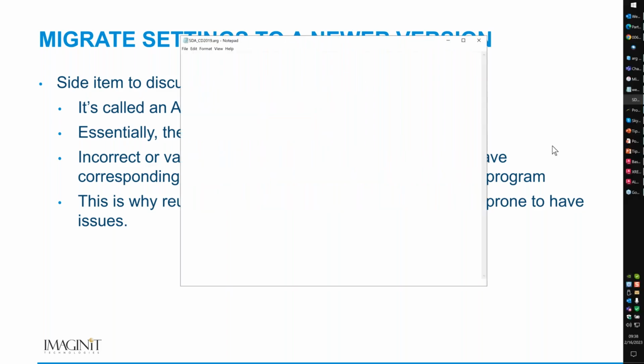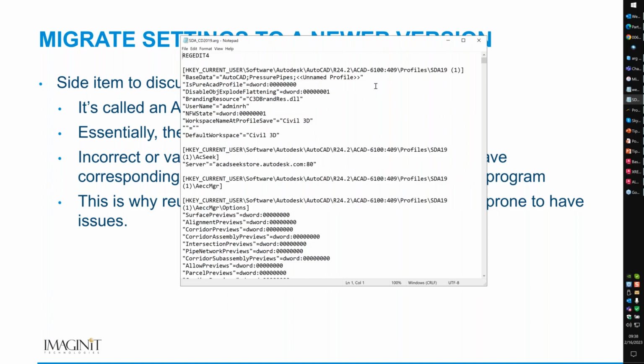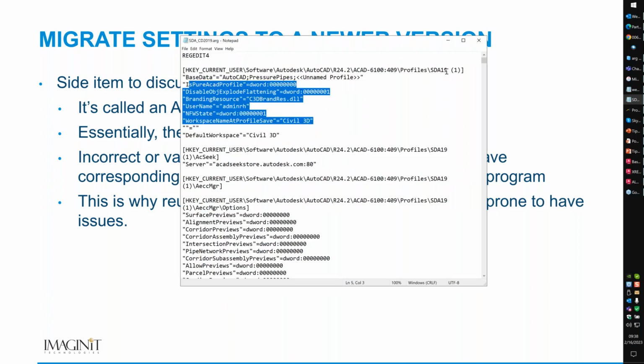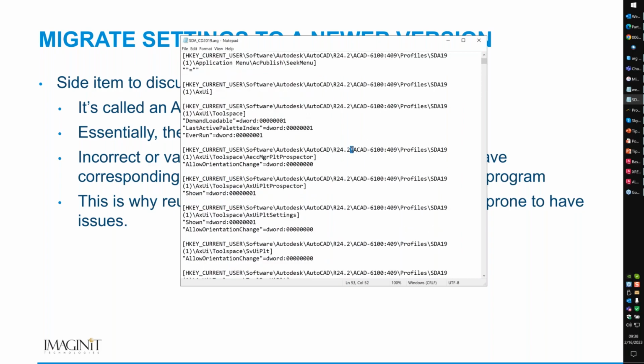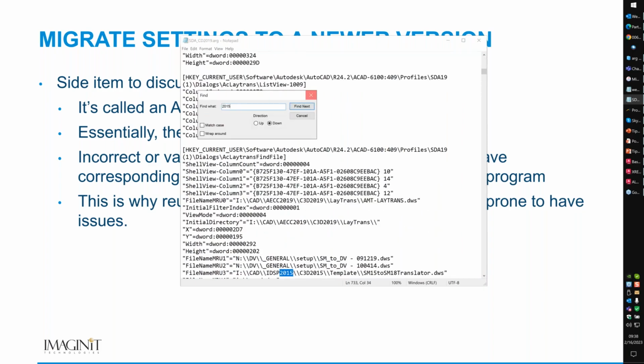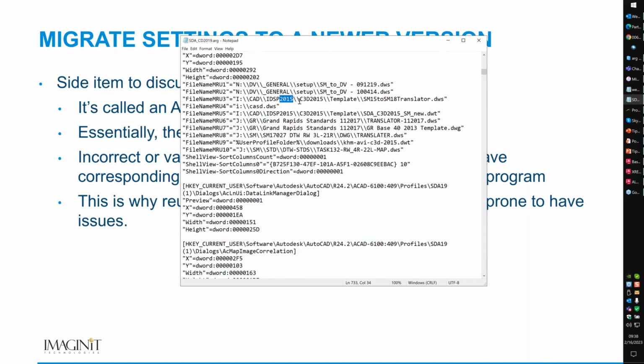Here's a good example. This is a company that I was doing work with that's Civil 3D. The profile that they sent me is their current, quote unquote, current for 2019. And I went in here and there's actually data that references their old Infrastructure Design Suite Premium 2015.